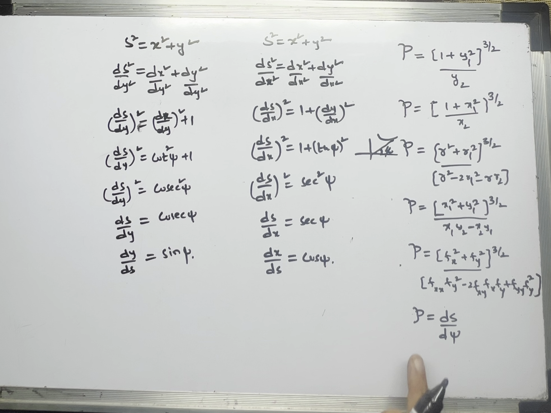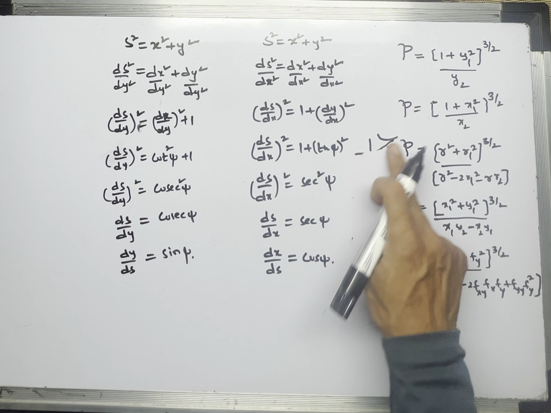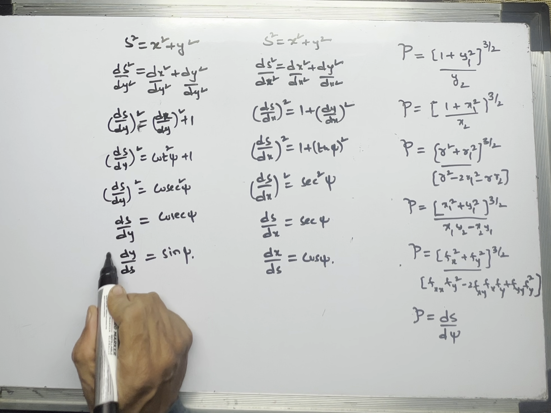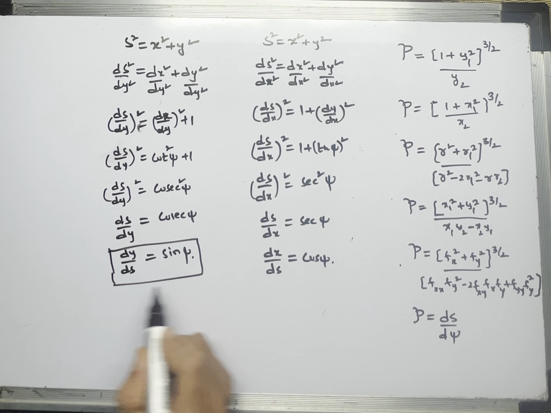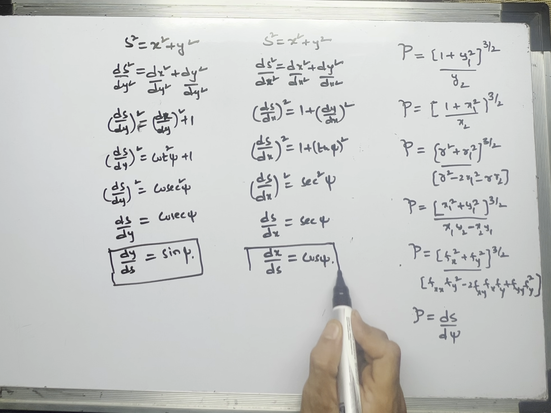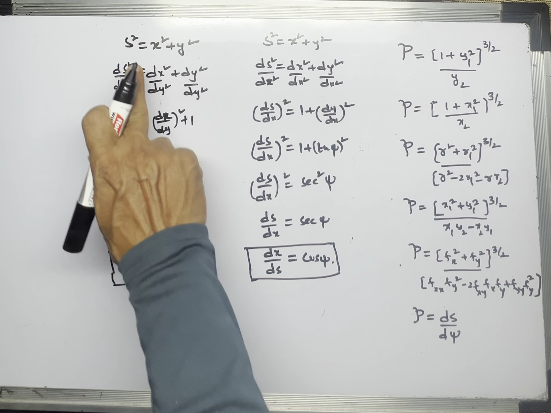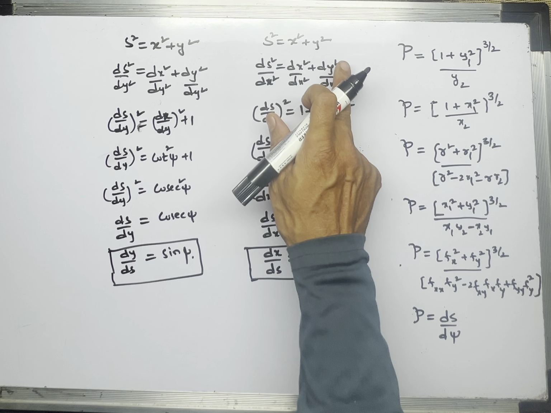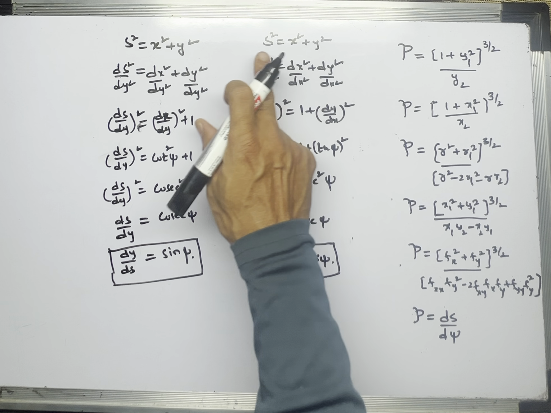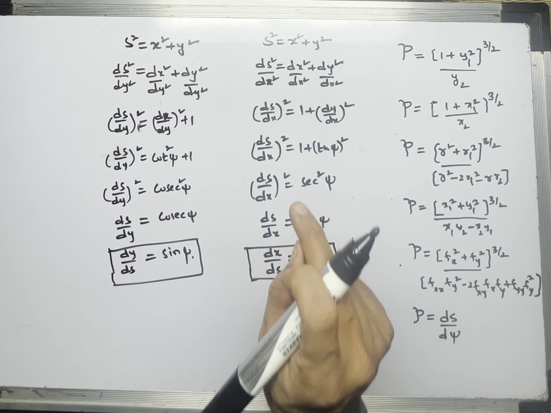So apart from those formulas of radius, you need to remember these two functions, dy by ds and dx by ds, to find radius of curvature in other form. The direct formula for radius of curvature is d s by d psi. In that, we consider the condition s square equals x square plus y square, which is satisfied whenever any arc a to b is given to us.